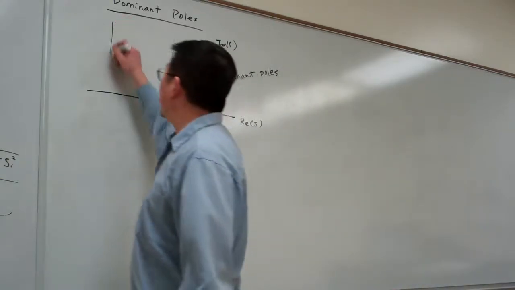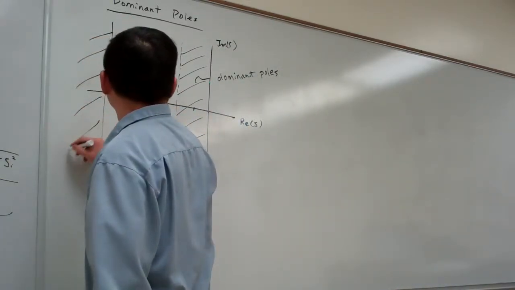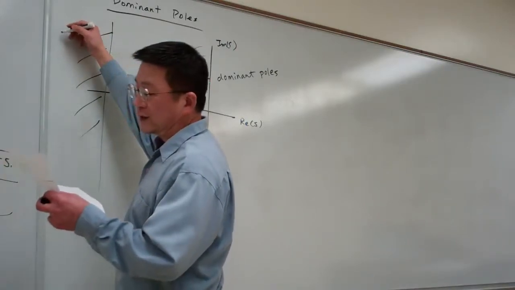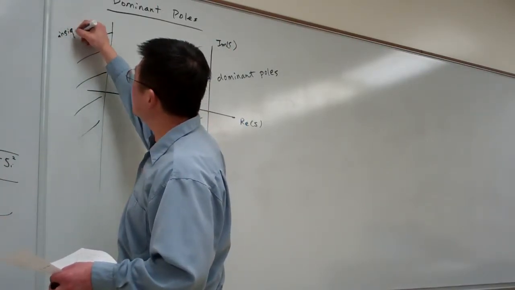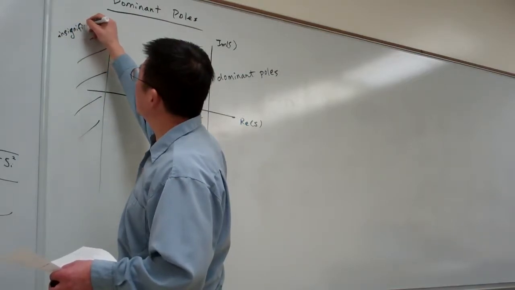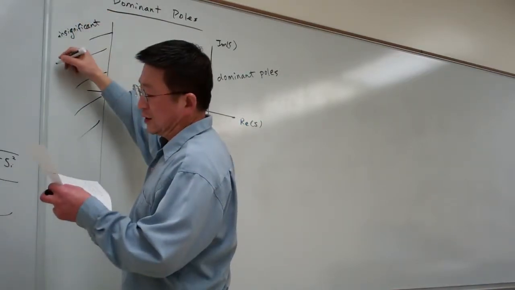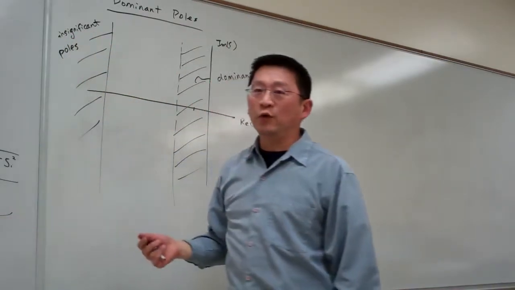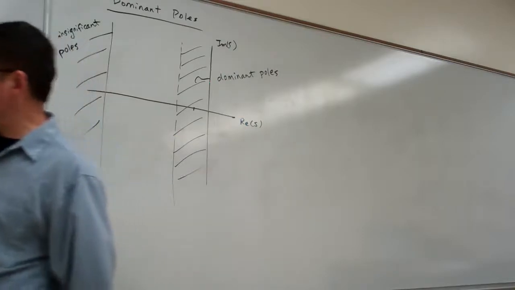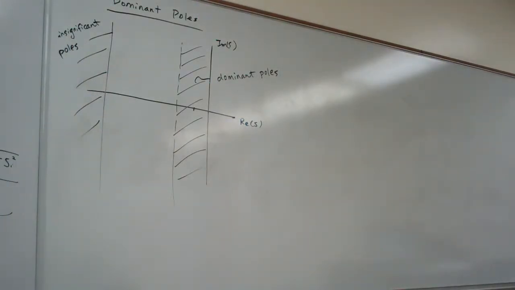And this region we call the non-dominant, insignificant poles. Insignificant poles, just like this case, correspond to the faster dynamic components.